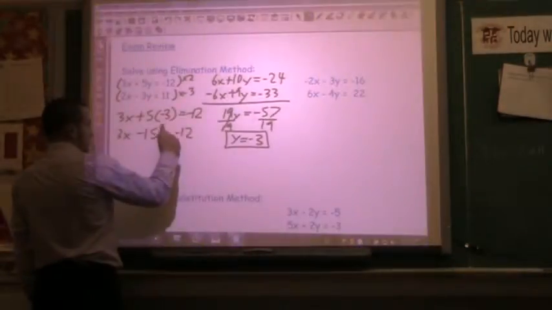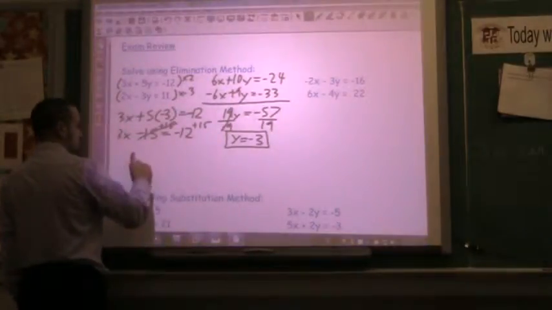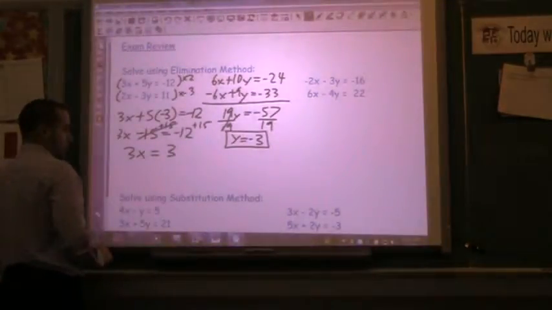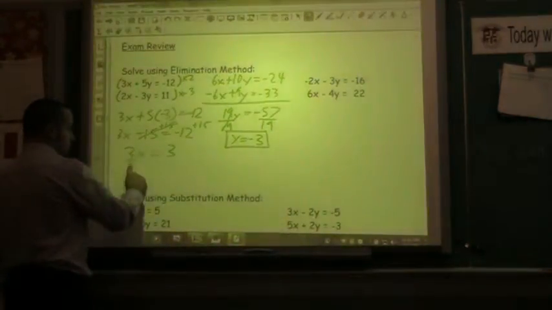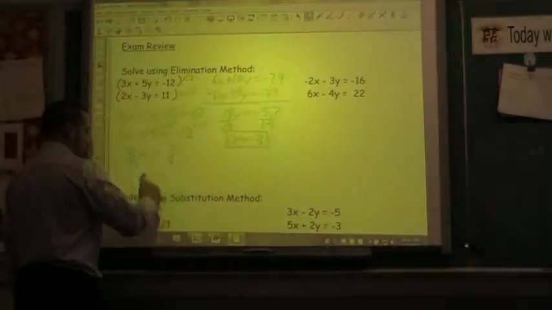So I have to add 15 to both sides now. That'll cancel out, and I'll be left with 3x equals 3. I want x by itself, so I divide both sides by 3. And I get x is equal to 1.